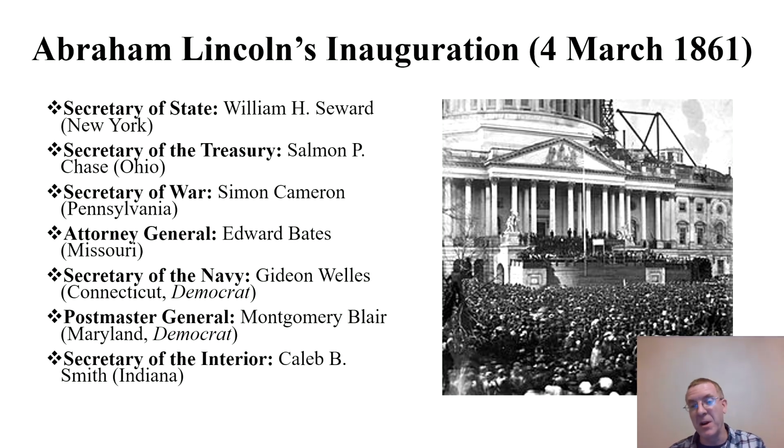So a Democrat, but from a New England state. Montgomery Blair, a Democrat, again, from a slave state, Maryland. He will serve as Postmaster General. And the Secretary of the Interior, Caleb B. Smith of Indiana.